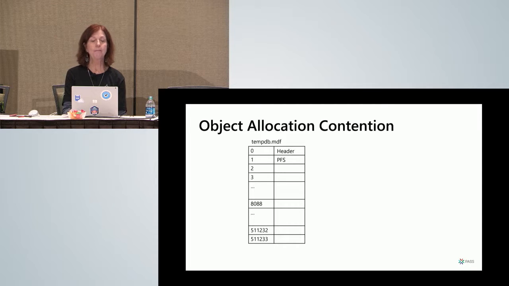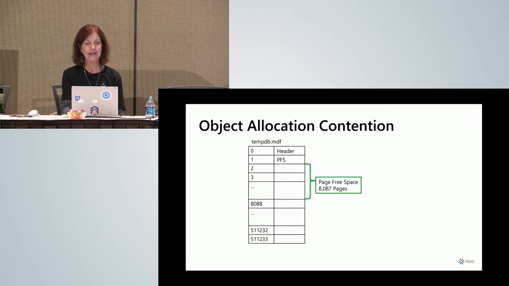It has 1 byte for each page in the file that helps SQL Server know: is this page completely full or is it half full? Is there room for more rows? There is a new PFS page every 8,088 pages. So page 1, page 8,088, add 8,088 to that, and there'll be another PFS page. It helps SQL Server know where there are pages with room for new rows.